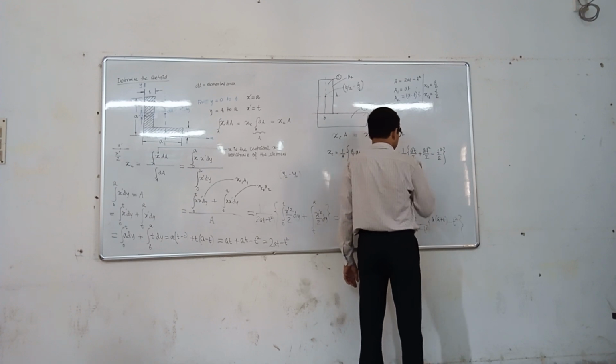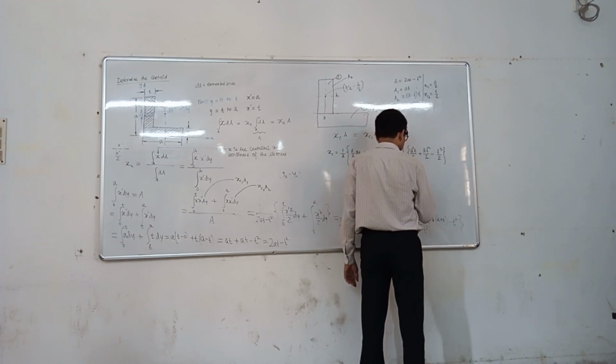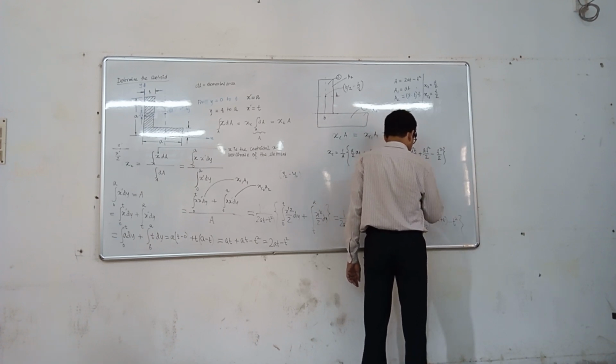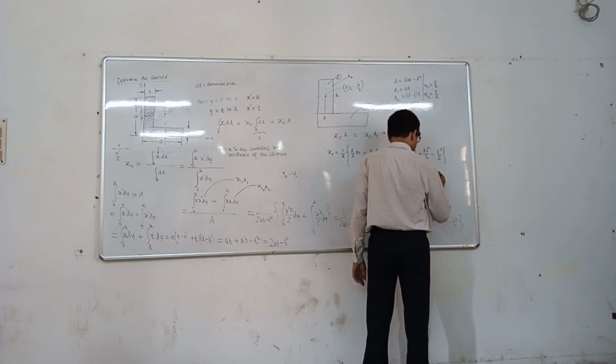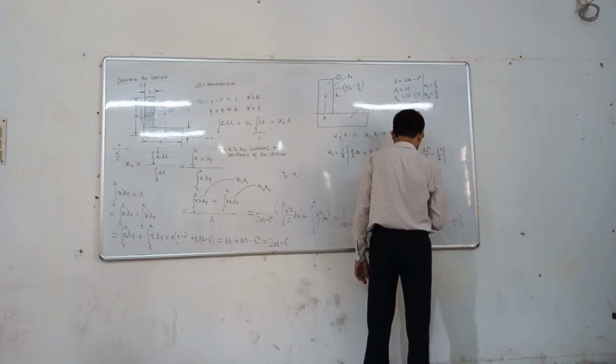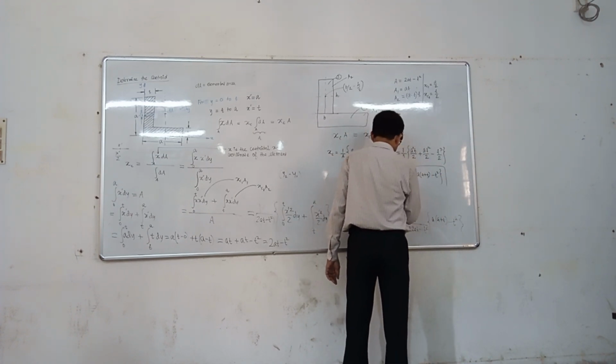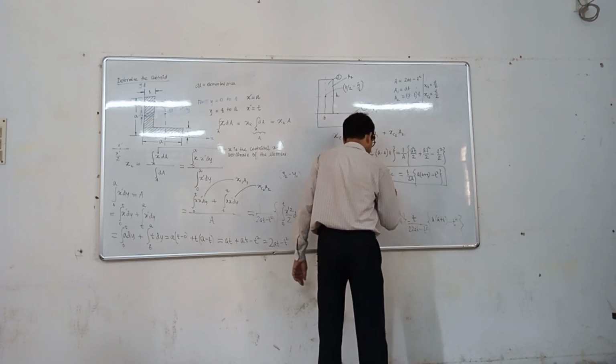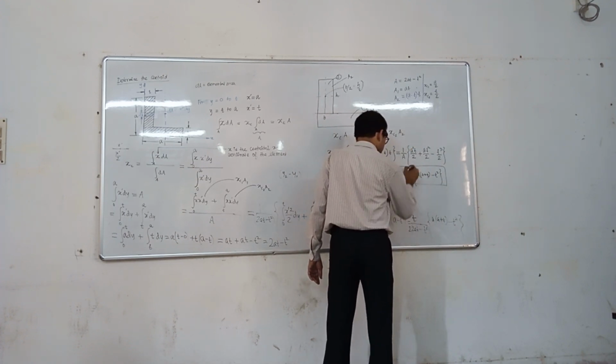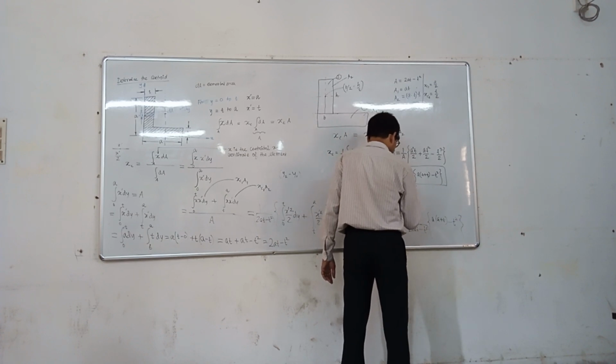So it is basically t by 2a into a plus t minus t squared, xc. Similarly, this is yc. Yc is also the same, t by 2a.